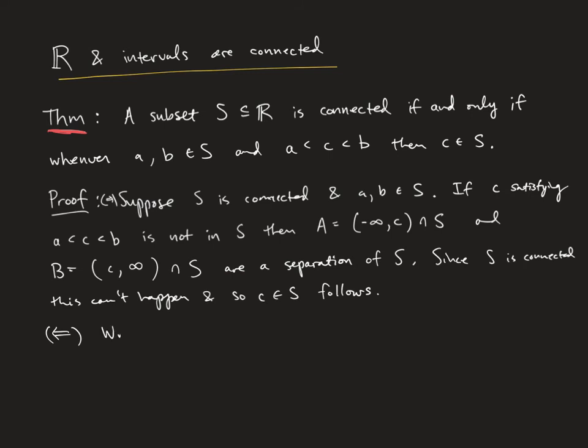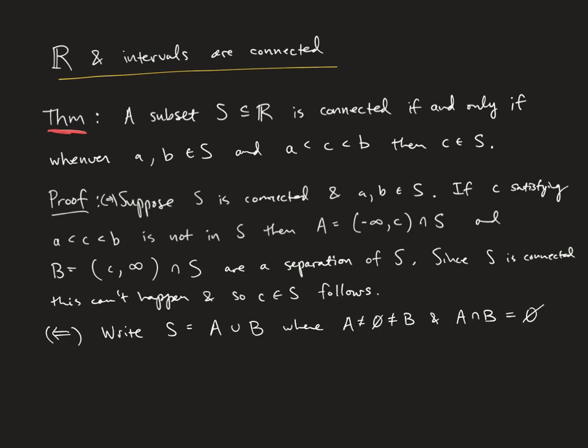So let's write S as A union B, where A and B are not empty, and A intersect B is the empty set.